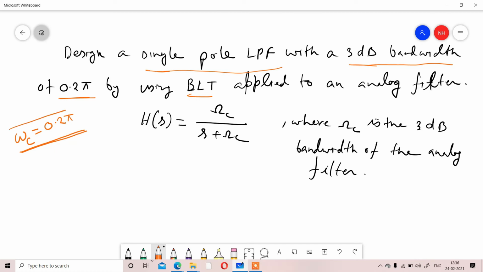The cutoff frequency must be 0.2 pi and single pole. That is the condition that you have to design from that expression. I think the question is clear. Then try to solve that question.